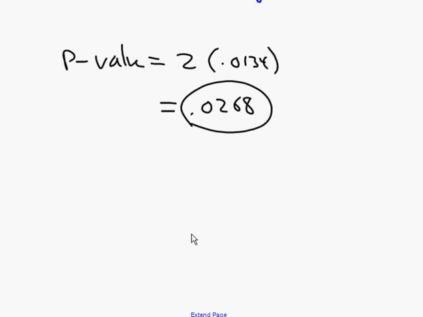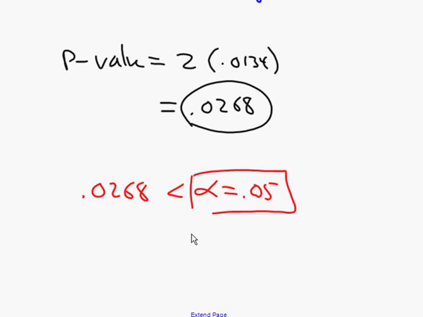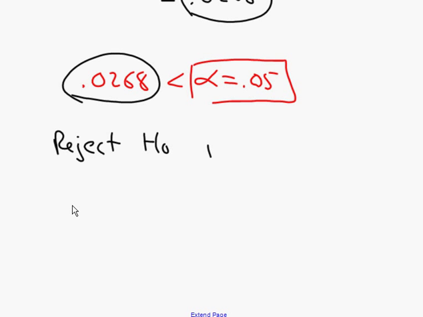All right, in either way, what you'll notice is 0.0268 is less than alpha equals 0.05, which is usually our gold standard for making decisions. What do we say? We say since our p-value right here, 0.0268, is less than alpha equals 0.05, our z-test statistic is significant, and there's enough evidence to reject H0 in favor of HA.